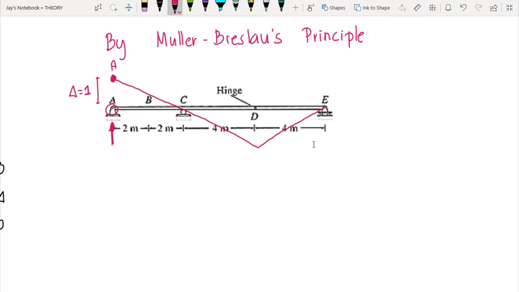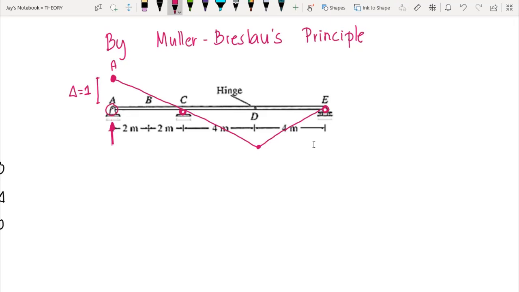And since our beam remains rigid, this would be the qualitative deflection. So at point D, there would be a change in the direction. Since we have a support at point C and support at E, we don't have a movement at that specific point. Therefore, point C and point E are still on their original position. So there would be no movement. Again, C and E are restricted to move vertically.